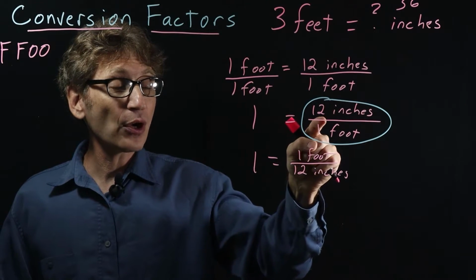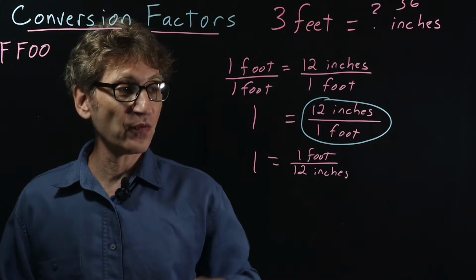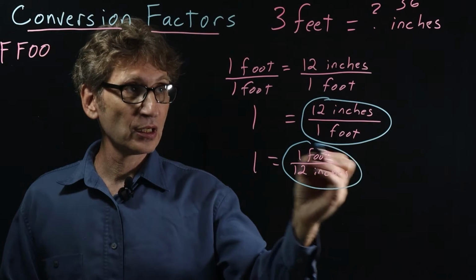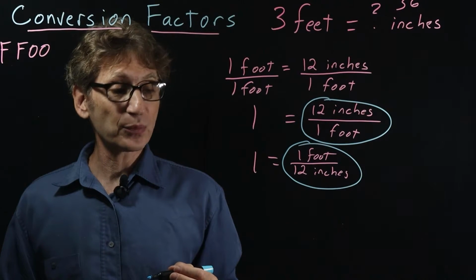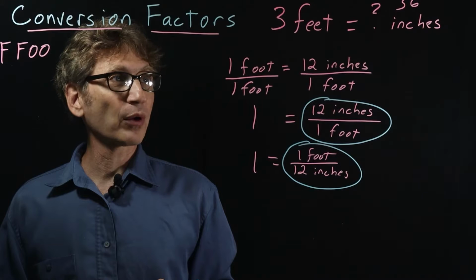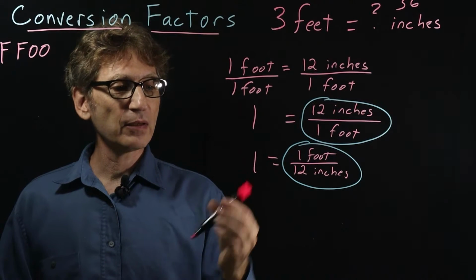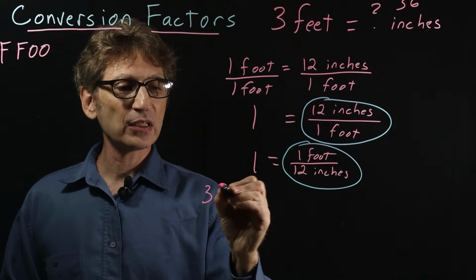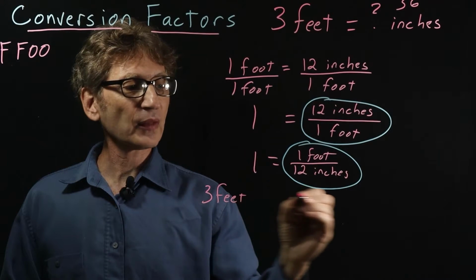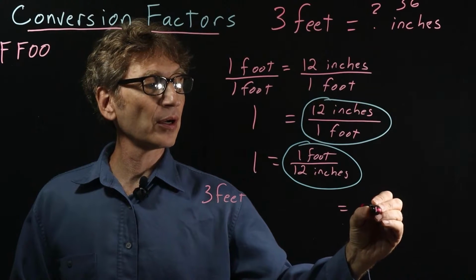So I'm going to use one of these two conversion factors to convert feet to inches. So let's start with what we're given. We are given 3 feet. My goal is some number of inches.